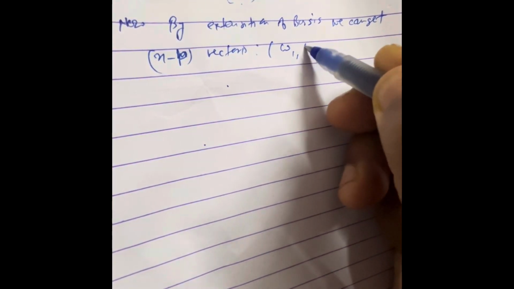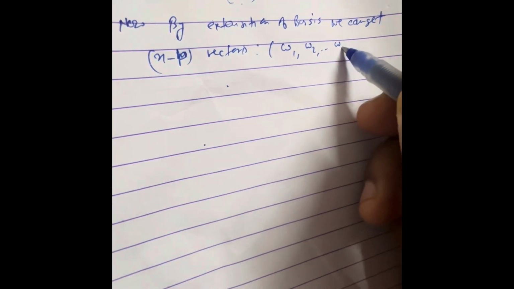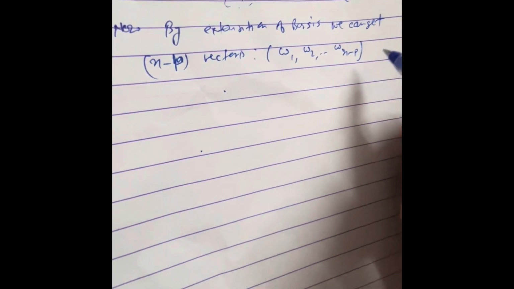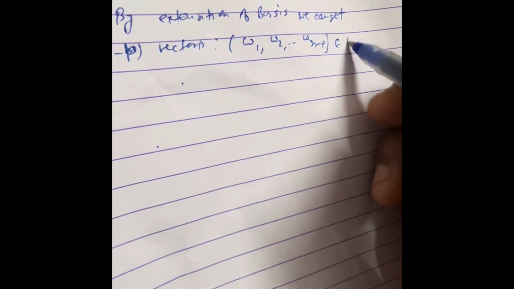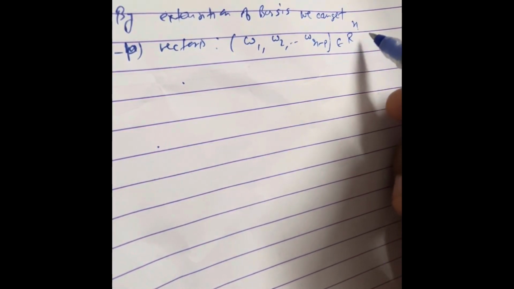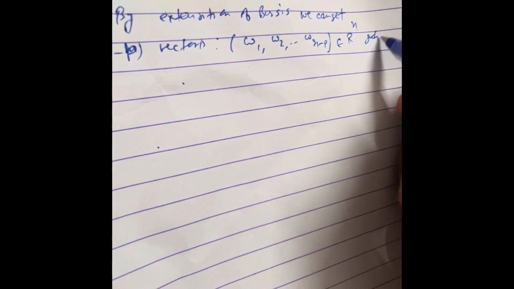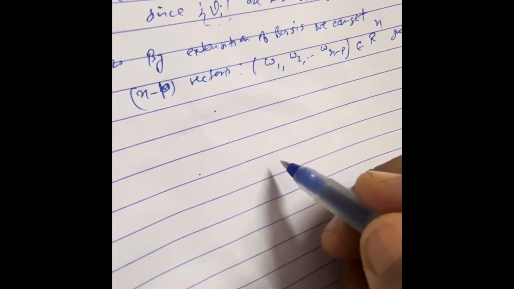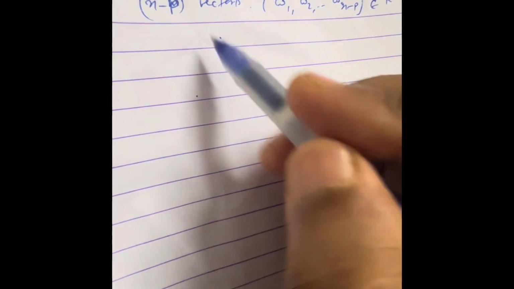Maybe w1, w2 up to w(n minus p) in Rn, such that, and of course these are all linearly independent vectors, because when we extend the basis, there are many procedures.